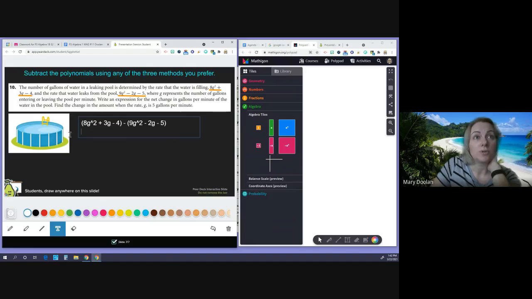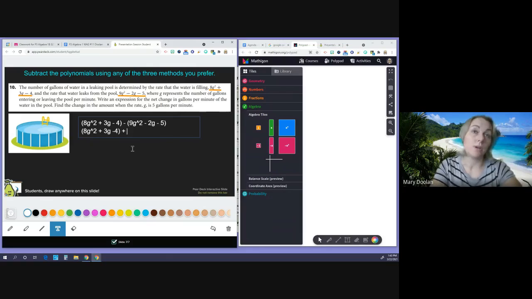But one thing I'm going to do here is the same steps we've been doing. Every time we do a subtraction problem, the first step is always the same no matter what method you're using. And that's to change it to adding the opposite. So my subtraction turns into addition.